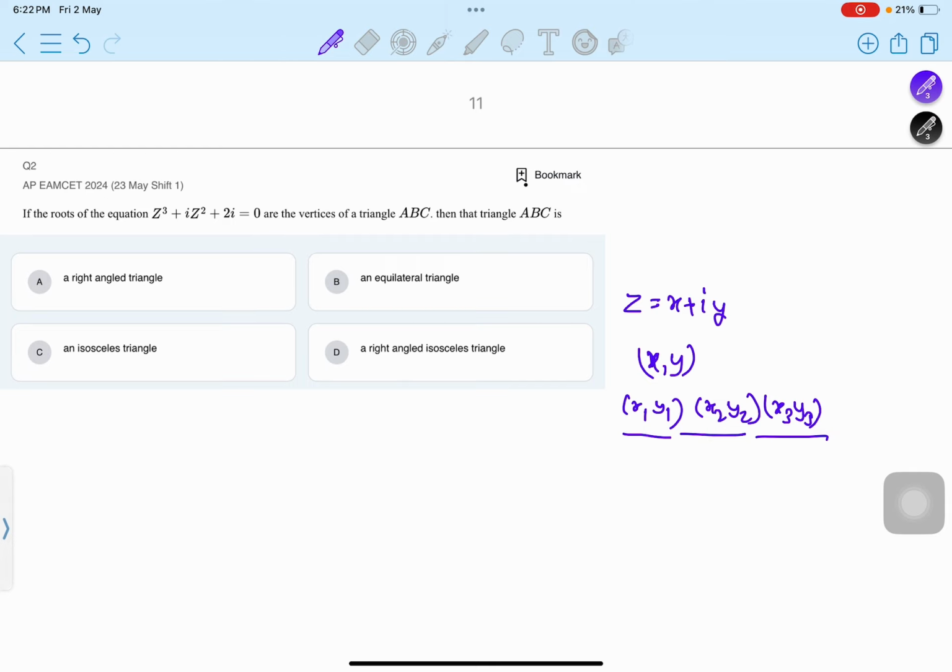So how to check that? Firstly, for the cubic, apply the hit and trial method.